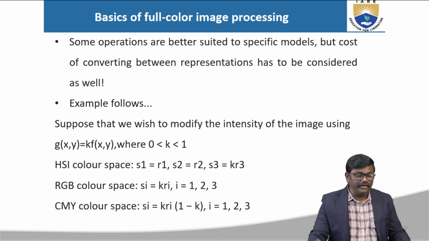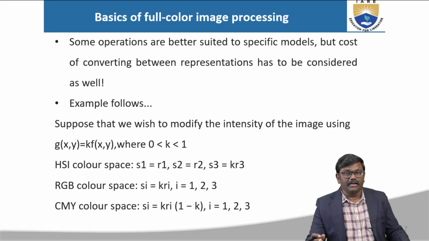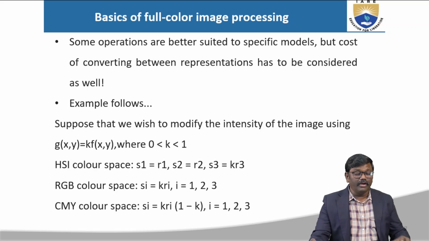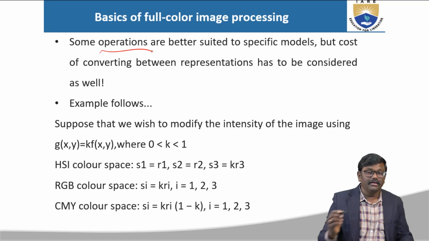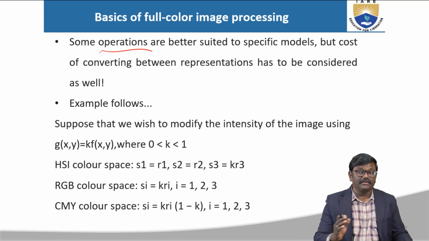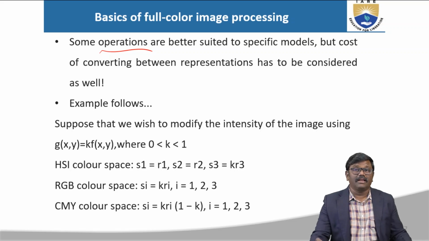Coming to the point, when we transform from Si, that is, the selected object function of the image from grayscale levels to color levels, that is, color models of the image, how do you apply it? By certain operations, some of which are better suited to specific models, but the cost of converting between representations has to be considered as well.